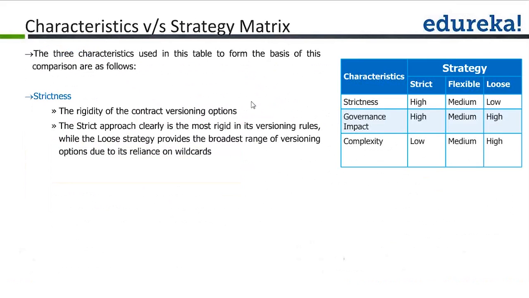So it is strict, right? It does not have backward compatibility. It does not have forward compatibility. It is something new, and it will remain there because the strict approach is very rigid in its versioning rules. This is the property.